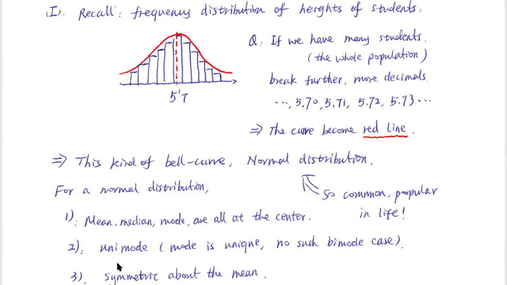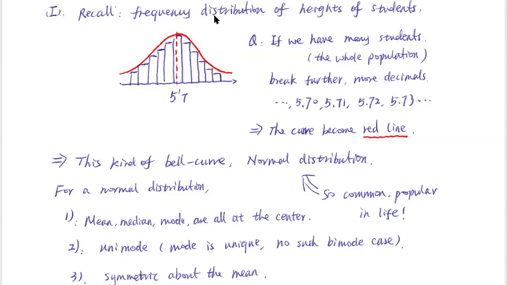Number 2: unimodal. I think we had some questions from the previous exam: is the mode always unique? Not always. Sometimes it's unique, sometimes it's not. But for the normal distribution, it is a unique case.